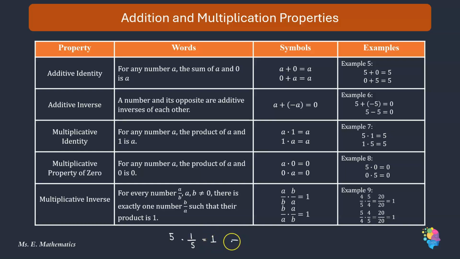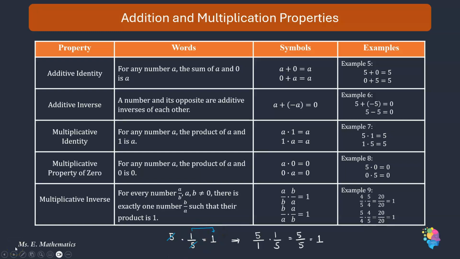Why is that? Well, 5 can be written as a fraction 5 over 1. And if I multiply times 1 over 5, multiplying across, this will be 5 divided by 5, and that equals 1. You can think of these two as being eliminated, and all we have left over is the numerator.